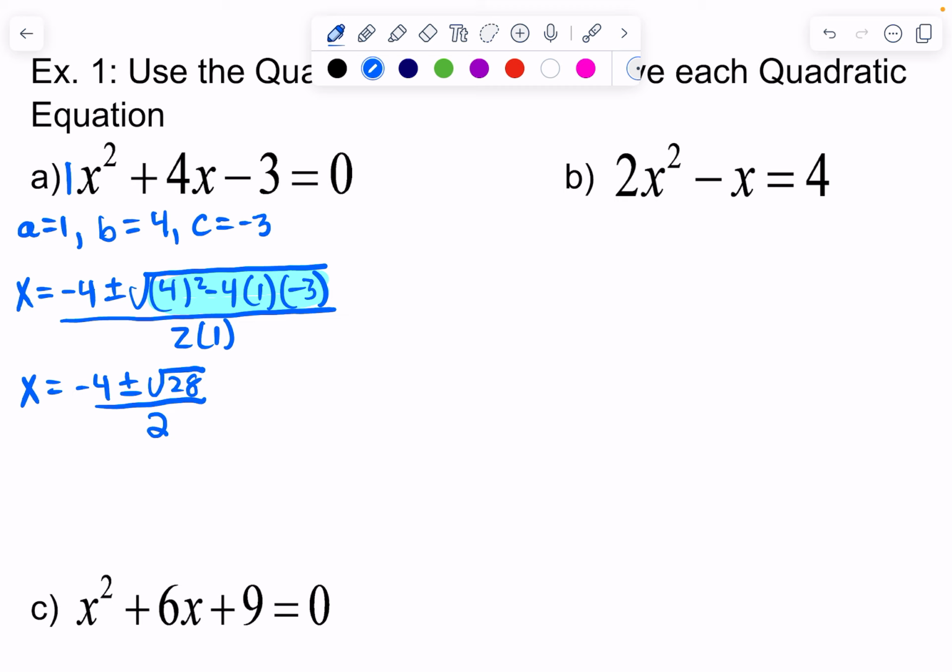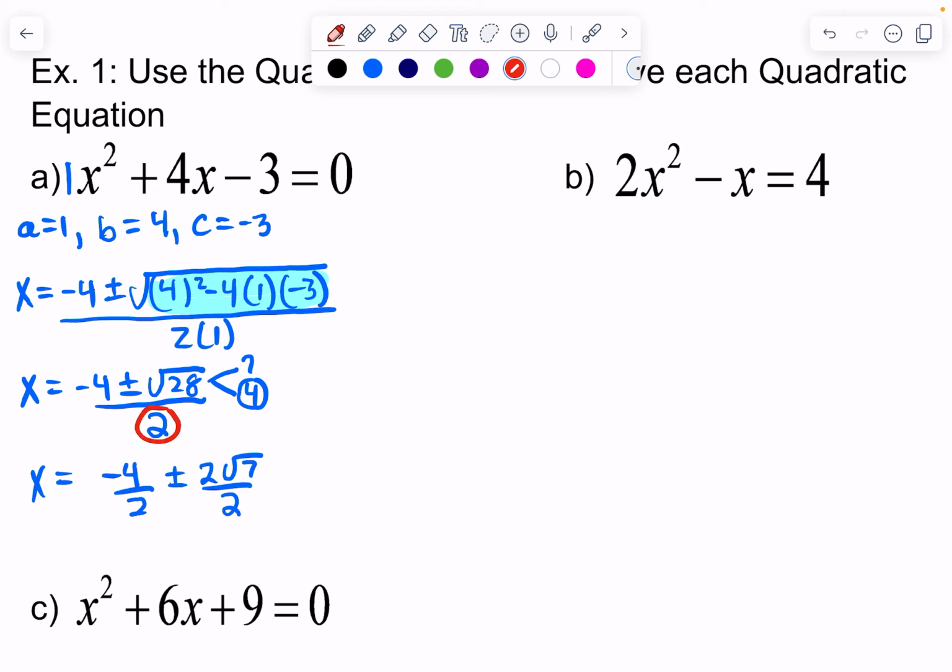So 28 can be split up into 7 times 4, and remember that the square root of 4 is 2. So x here is going to equal negative 4 over 2 plus or minus the square root of 4, which is 2, with the square root of 7 left over, over 2. Why did I split up that 2?